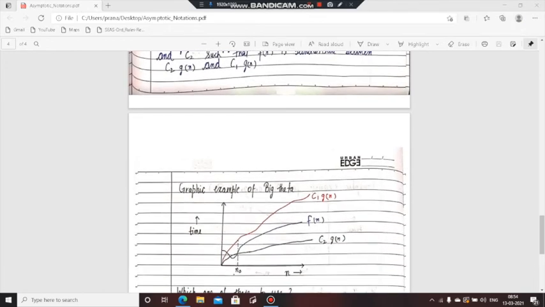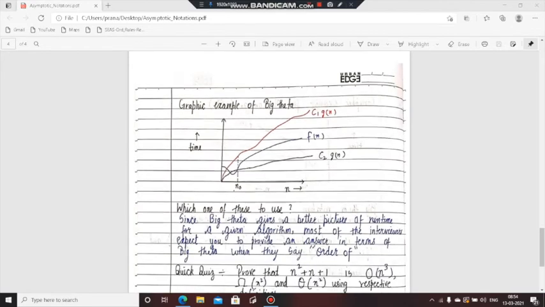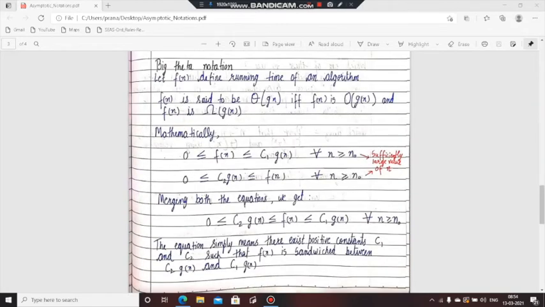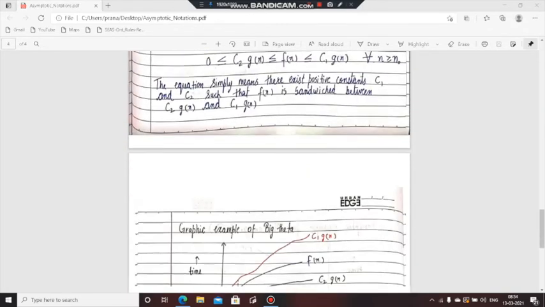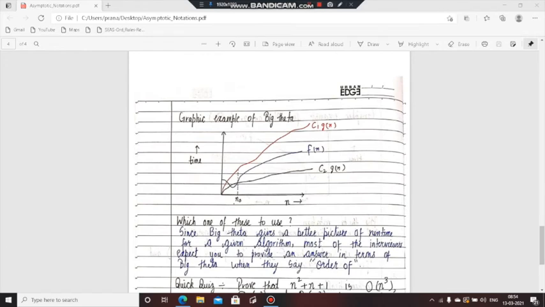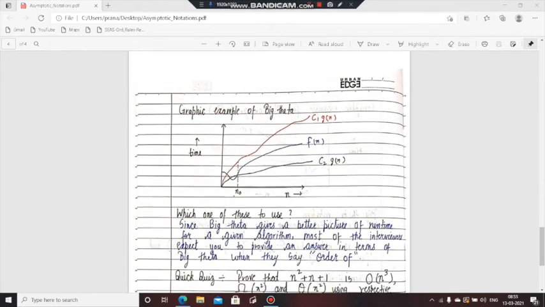Now, this is the best thing you will get in my notes: I explain everything with graphs, because mathematical expressions are very complex and not easy to understand. So let us see the graphical example of big theta.